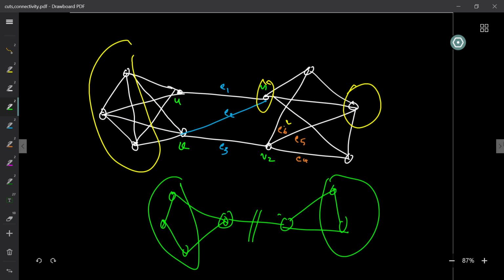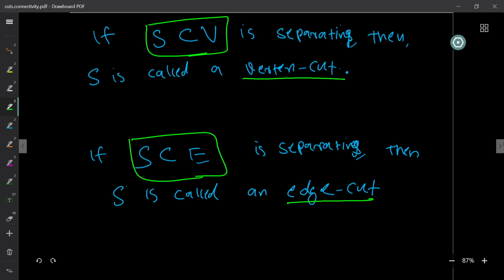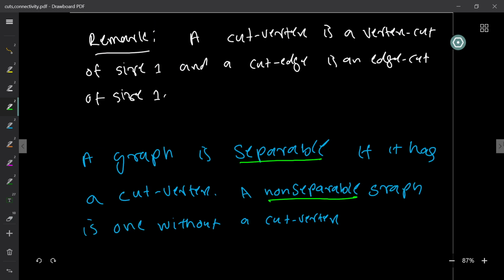And these vertices are also cut vertices because just removing one of them, the graph becomes disconnected, right? Okay. Now a graph is called separable if it has a cut vertex. So any graph with a cut vertex is called separable, right? And a non-separable graph is one without a cut vertex.